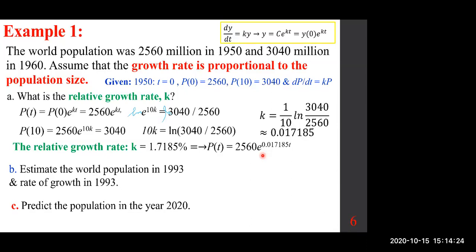So what happens in 1993? Well, all you have to do is go to this formula and replace the t with what? 1993 minus 1950, because 1950 corresponds to t equals 0. So 1993 corresponds to 1993 minus 1950, which is 43.